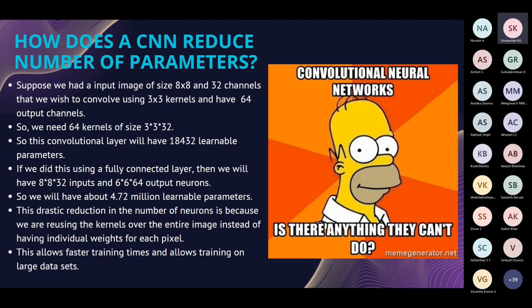So our layer will have 8 into 8 into 32 inputs, and you want 64 output channels, so you have 6 into 6 into 64 output neurons. That gives you about 4.7 million parameters. So we can see that CNNs reduce the number of parameters drastically. This allows us to train much faster, and this also allows us to train on larger data sets easily. Yeah, next slide.